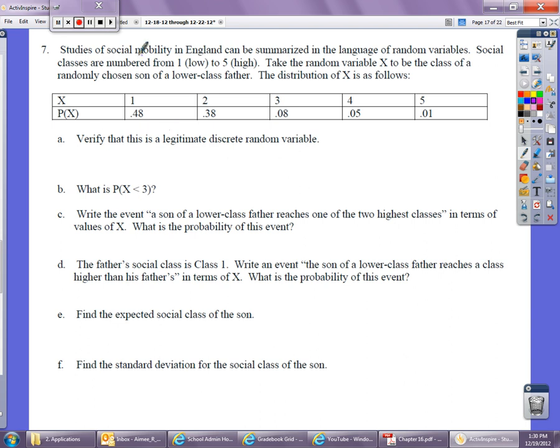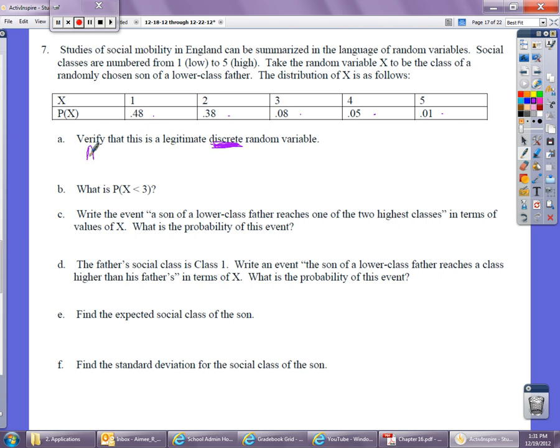Number 7, studies of social mobility in England can be summarized in the language of random variables. Social classes are numbered from 1 to 5. Take the random variable x to be the class of a randomly chosen son of a lower class father. The distribution of x is as follows. Okay? So, again, is this a legitimate discrete random variable? So how do you check that? Well, first of all, are all of my probabilities between 0 and 1? Yes.